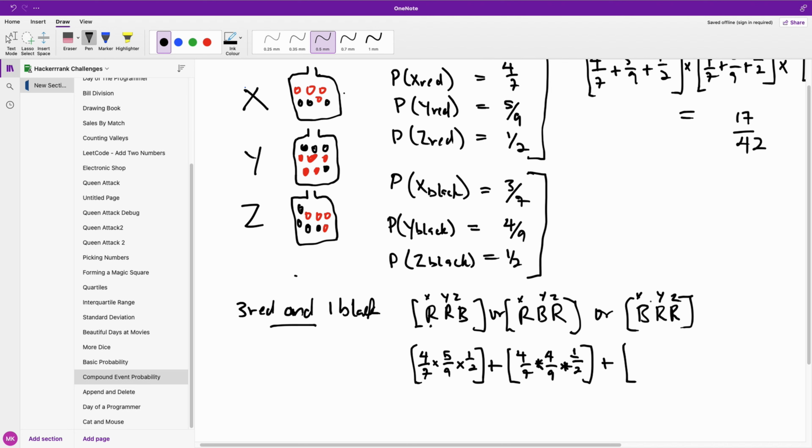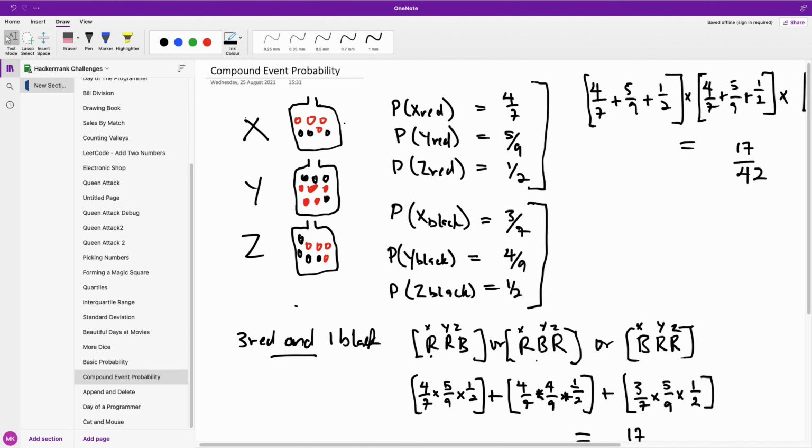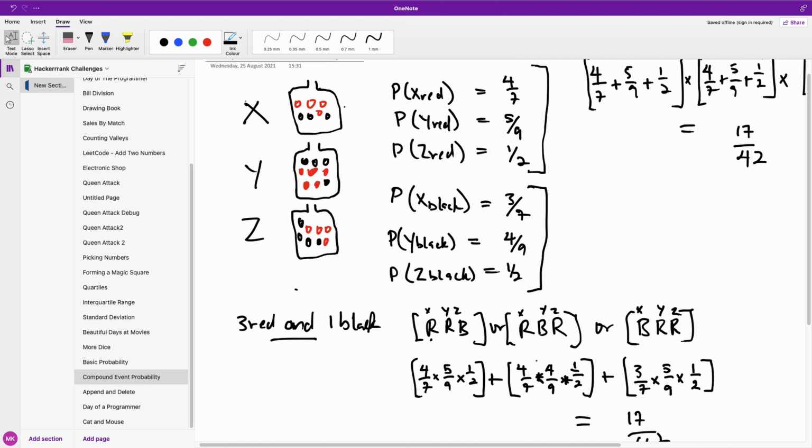And in the last one, it's a black ball on the first one, red ball on the next two, so it's going to be 3/7 times 5/9 times 1/2, because we have 4/8. If we work this out, it's also going to give us 17/42. So these are the two ways to approach this problem, and either way will give you the correct answer.